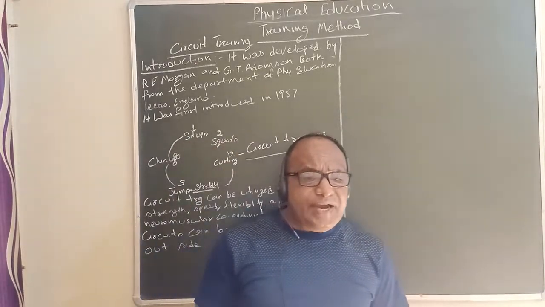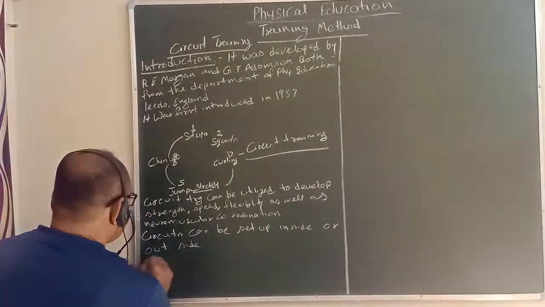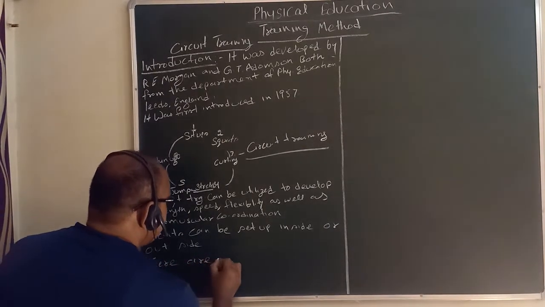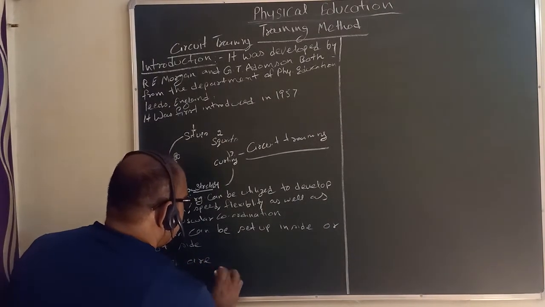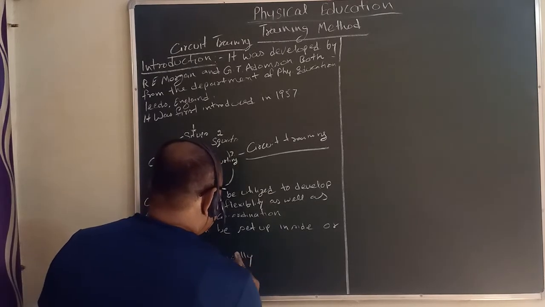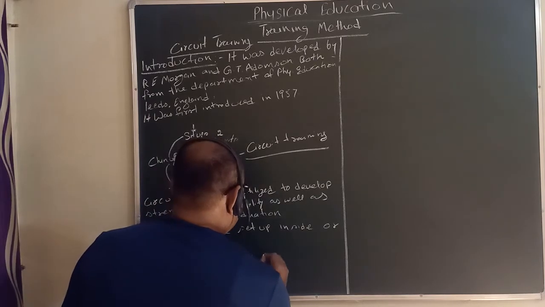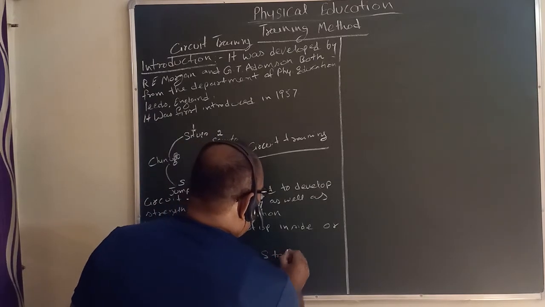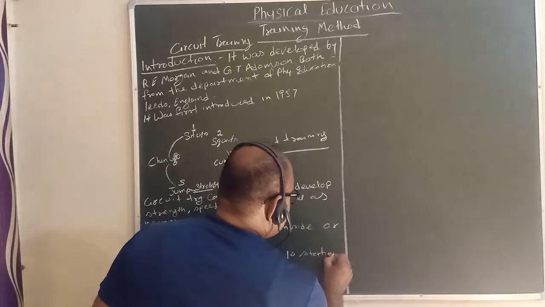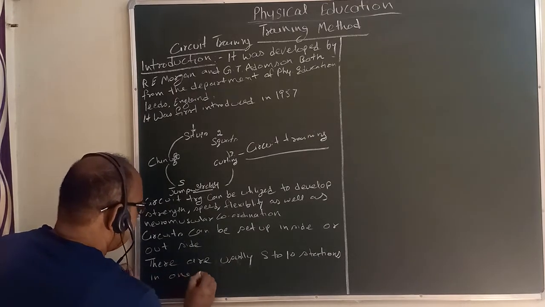There are usually 5 to 10 stations in a circuit.